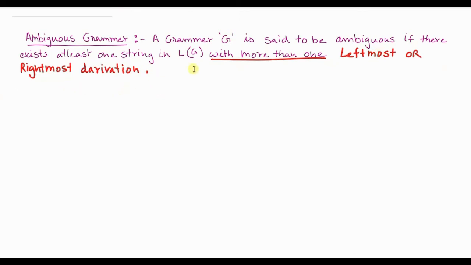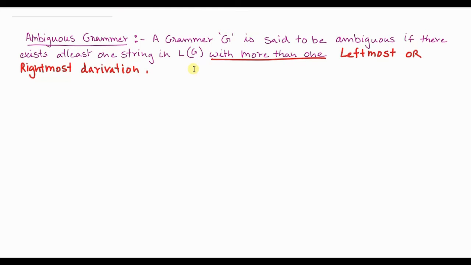In simple words, in any grammar, suppose for a particular string there is more than one possible leftmost derivation, or more than one possible rightmost derivation, then definitely for that particular string you are going to get more than one parse tree.